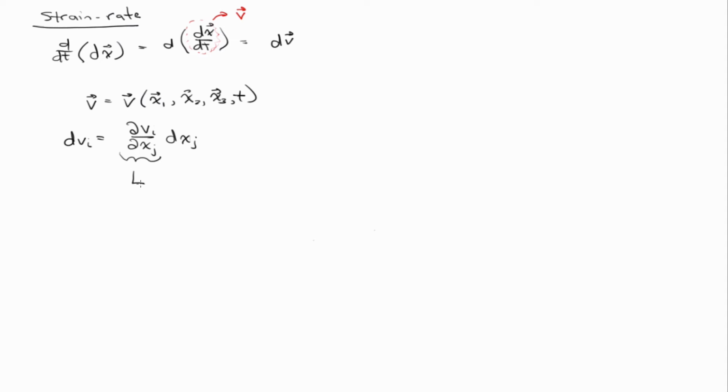Right? So again, all these symbols that I use, like F and L and little dx and big dX, these are really the standard conventions that you'll see. They all come from the book by Malvern on continuum mechanics. He sort of introduced the notation or standardized it at least. And then a lot of the papers that have been written on continuum mechanics follow this convention, which is really nice.